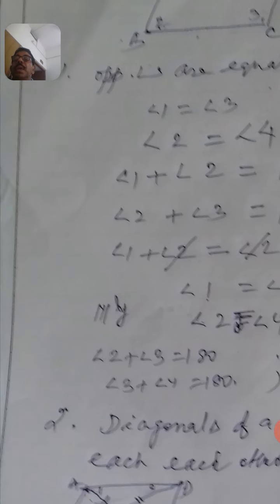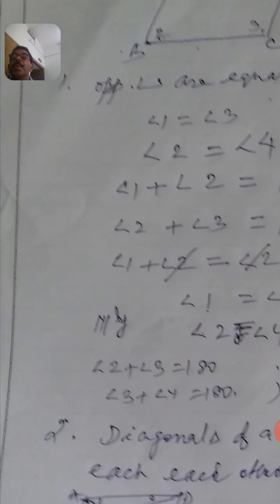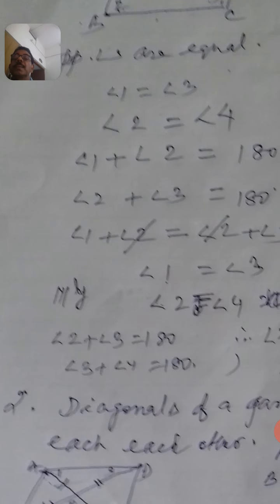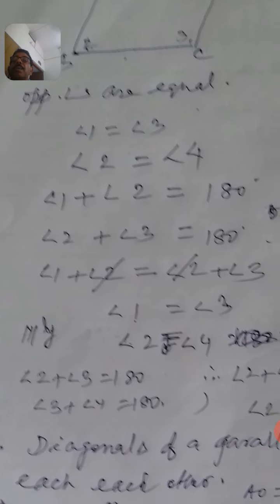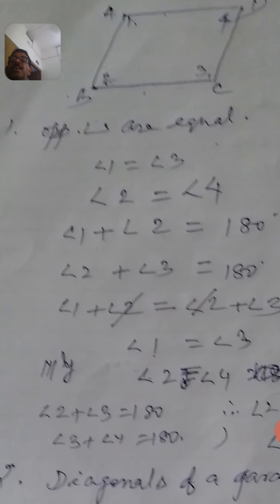Now what we have to see is that opposite angles are equal. So we have to see that angle 1 is equal to angle 3 and angle 2 is equal to angle 4. We have to prove it. Now for that, how can we prove that angle A is equal to angle C and B is equal to D?